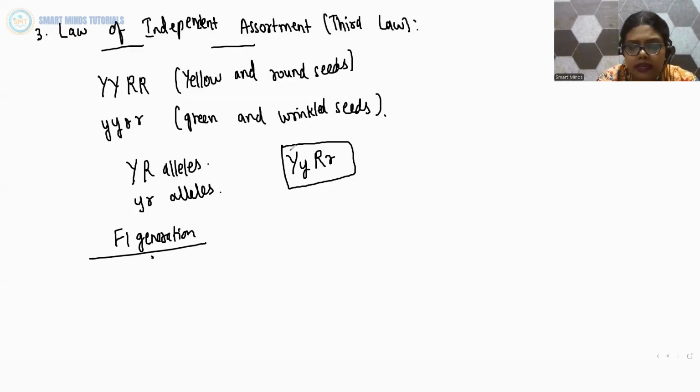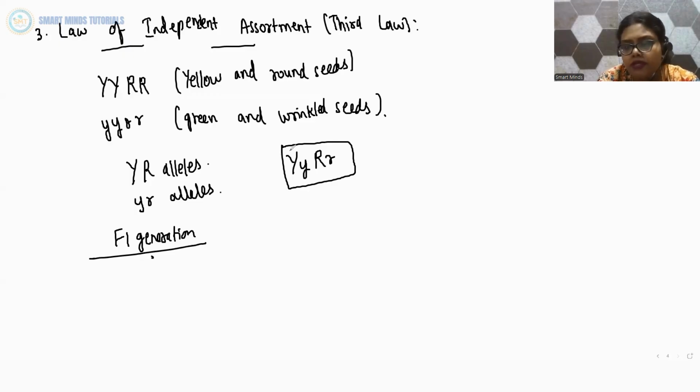Similarly, the allele for round seed shape, capital R, was dominant to the allele for wrinkled seed shape, small r. So Y is for seed color and R is for seed shape.